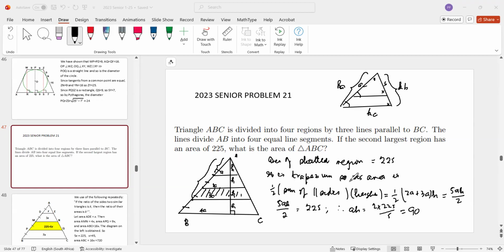Now, what is the area of the triangle ABC? The whole triangle, the formula for the area of a triangle is half base times height. The base is 4A and the height is 4H.